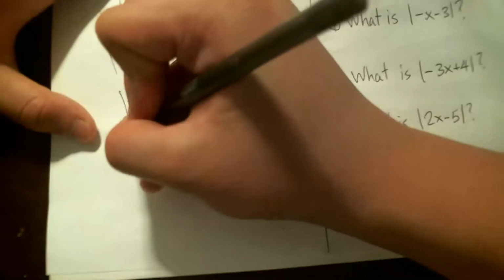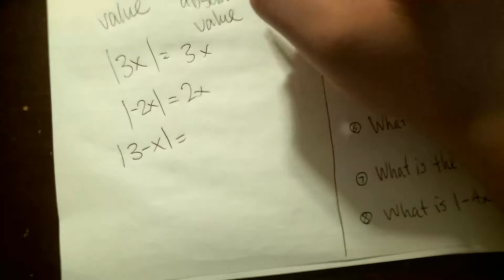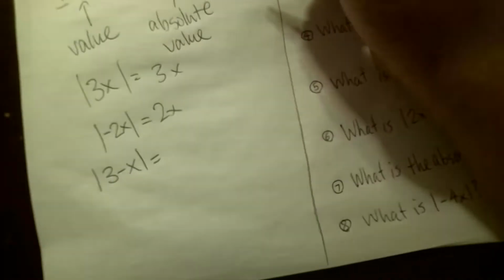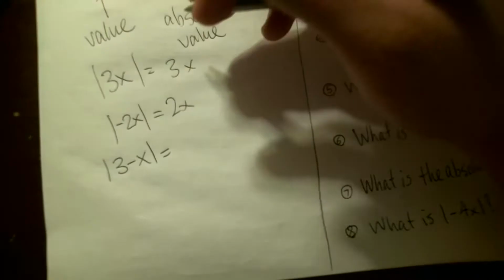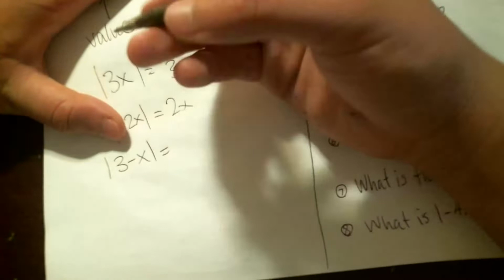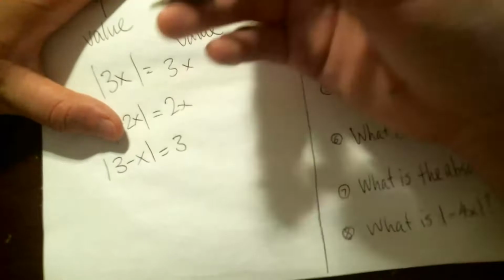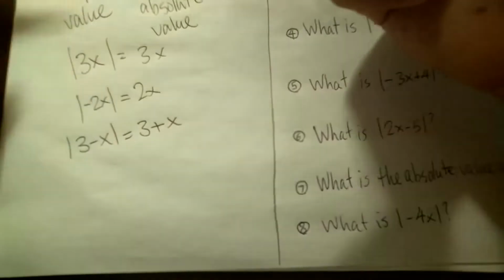Things like 3 minus x could be solved just by changing all of the negative signs to positive. So the positive 3 would stay the same, but minus x would turn into plus x. That would be how you would solve these expressions.